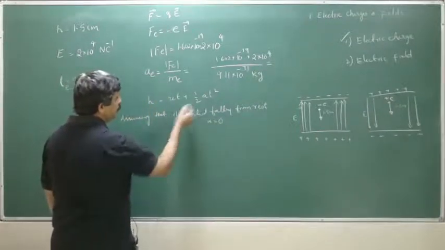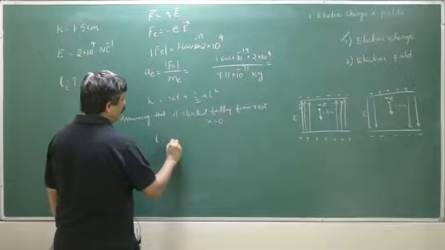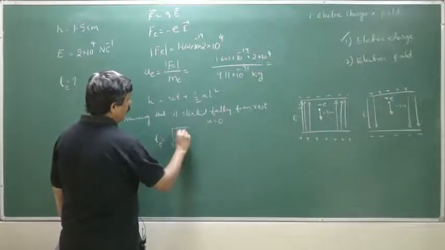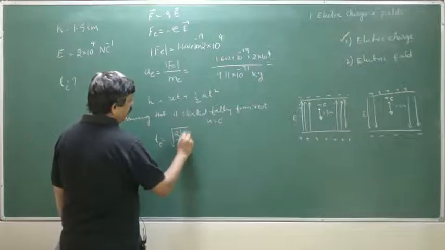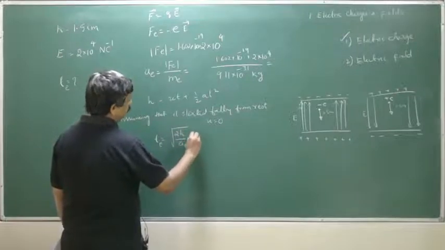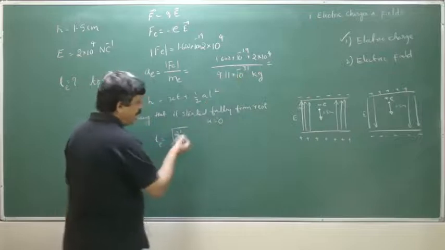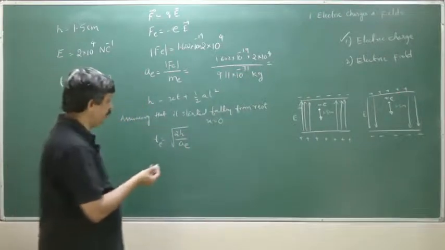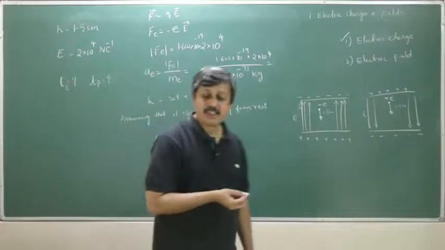So then we will calculate t, Te, is equal to the square root of 2h by Ae. So Ae we have here, h is given to us, which is 1.5 centimeters, which means 1.5 into 10 power minus 2 meters.